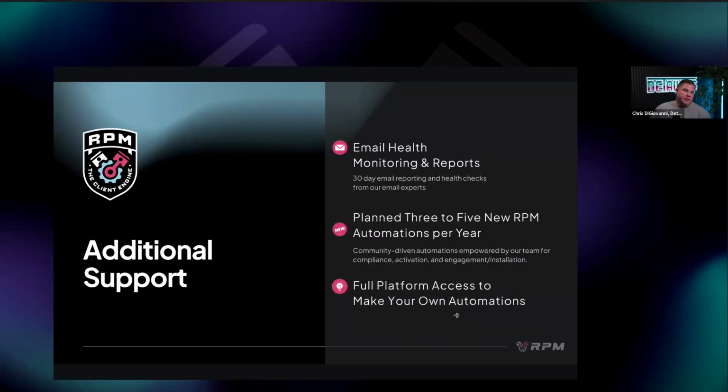Additional support post launch. When you sign on for RPM, after your email is warmed up for about 45 days or 6 weeks, we're going to start sending you what's called an email health monitoring report. This lets you know how Google and Yahoo and other services are actually viewing the email, to understand, are we getting flagged?